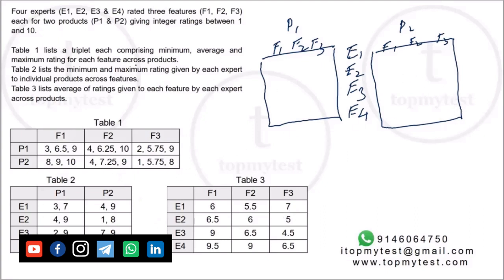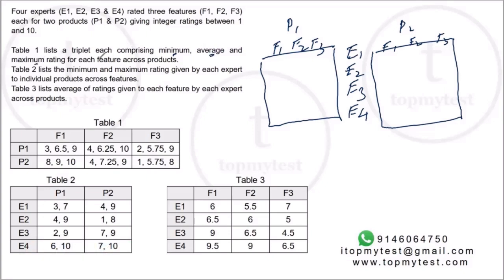So let's see what actually it says. Table 1 lists a triplet, each comprising minimum, average and maximum rating for each feature across the products. So table 1 says P1 for feature 1 got a minimum rating of 3, maximum rating of 9, and the average of all the ratings was 6.5.